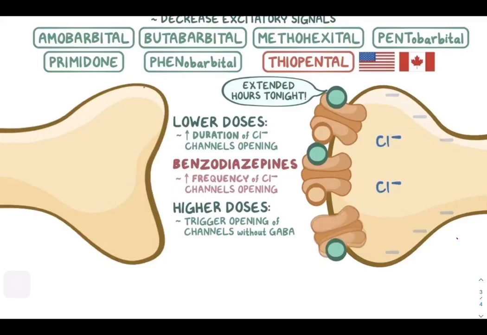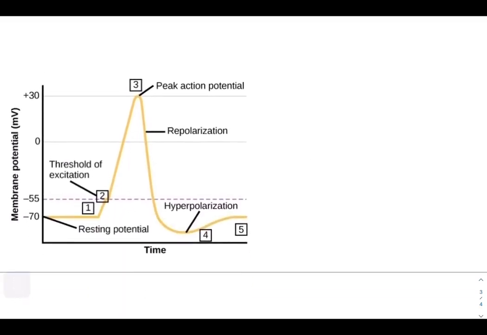Cells need to be activated and brought up to a level where it's more positive than where it was resting in order to be turned on. But if you put in more negative, which is chloride, you're making it hyperpolarized. So it's very difficult to be turned on, as illustrated by this graph.